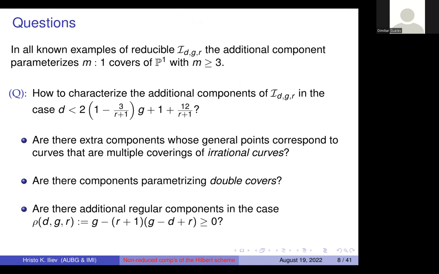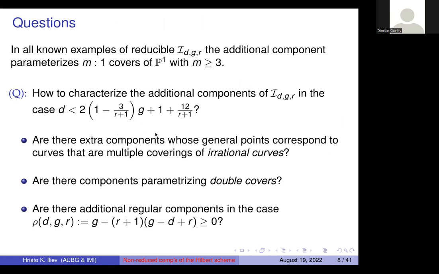Then when we initiated our study on this topic, we formulated several questions that are of interest to us. So first of all, we wanted to characterize the additional components of I_{d,g,r} when d is smaller than the number found by Hristo Iliev.